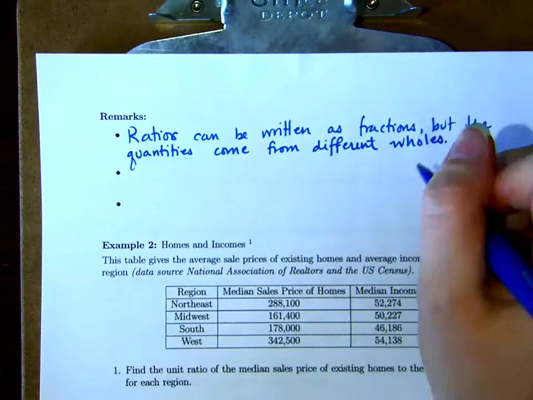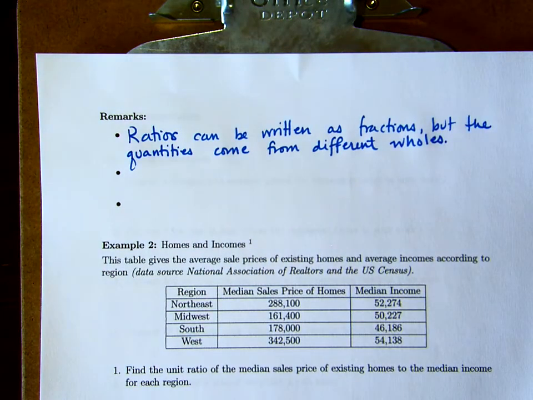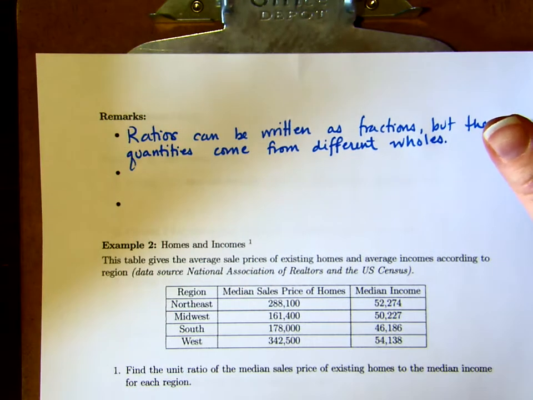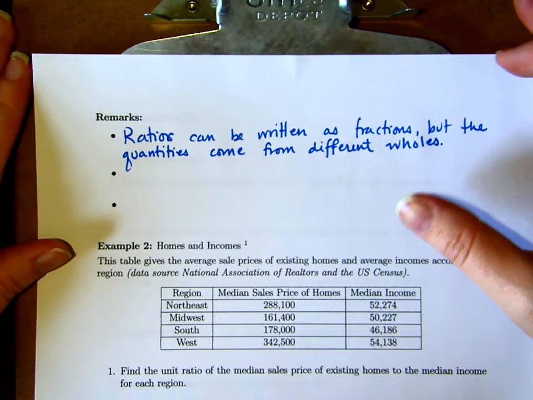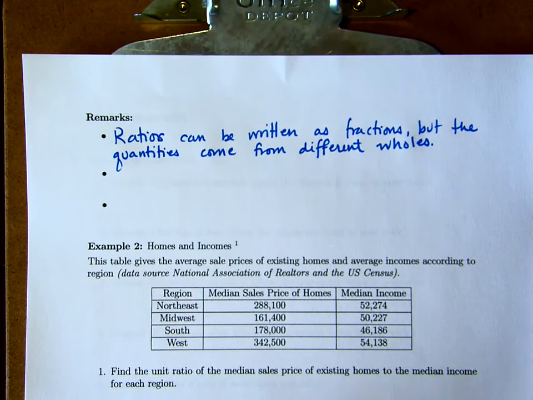And that's what's very different about ratios, okay? In a fraction, you had a whole and you had equal portions, and you had an equal amount of portions within that. And so your label on the numerator would be the same as your label on the denominator.